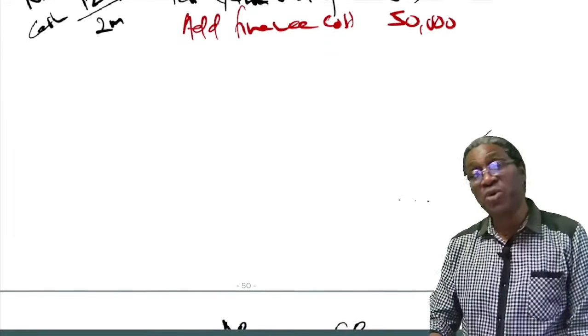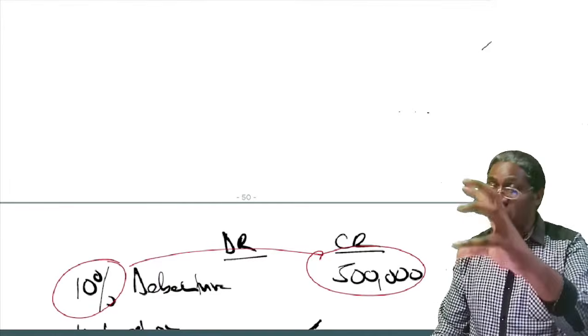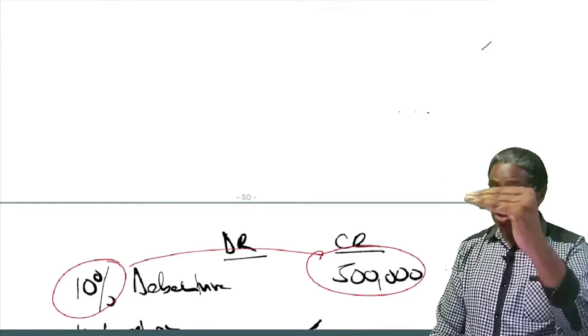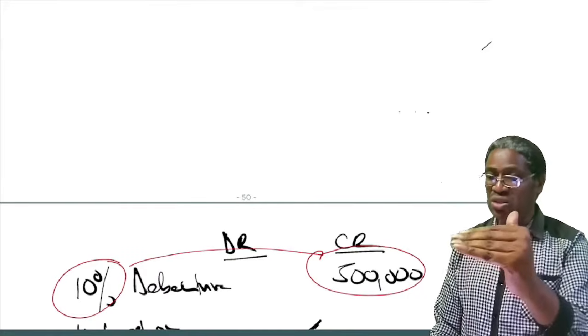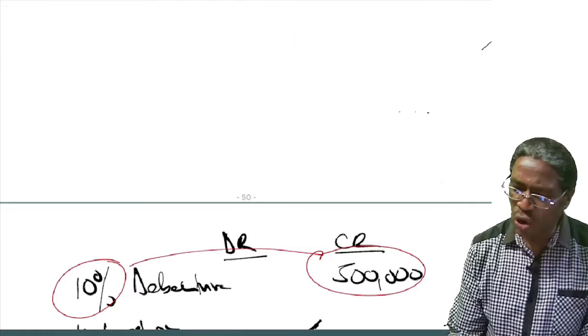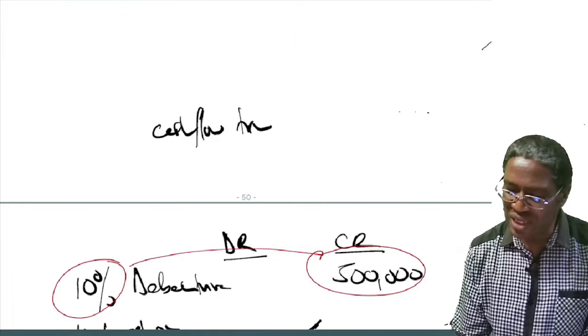Remember, we paid 40. I have already told you there are three sections of the cash flow statement. There is the operating section, there is the investing section, and there is a financing section. Now, in that section we call cash flows from financing activities.